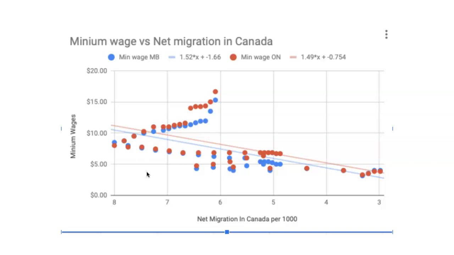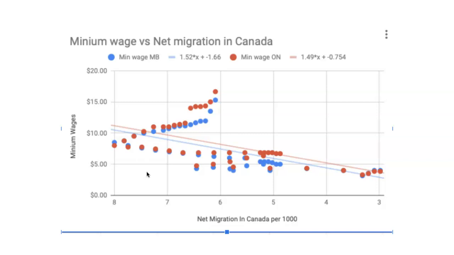That means that there's somewhat of a connection between Manitoba, Ontario, and net immigration, but not enough of a strong positive one to be sure. But as you can see on the graph, minimum wage and net migration are slightly corresponding.